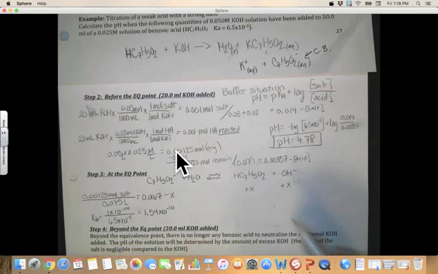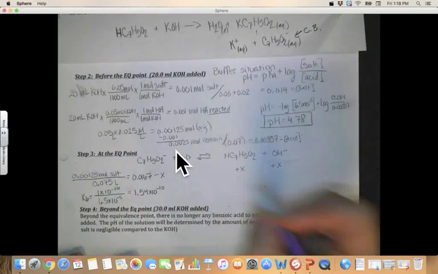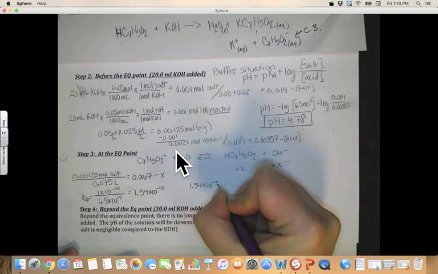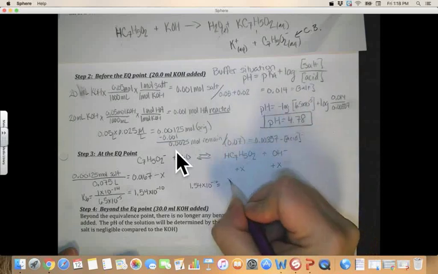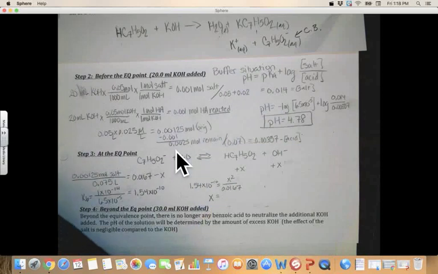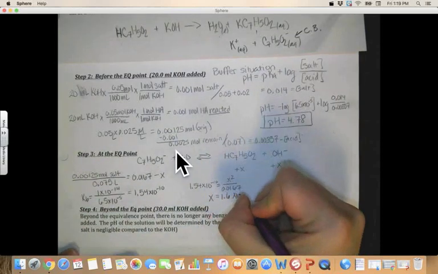So, just like in our other examples, we can assume that this minus x is negligible. So I'm going to say 1.54 times 10 to the negative 10 equals x times x, so x squared over 0.0167. So x is going to come out to be 1.6 times 10 to the negative 6.